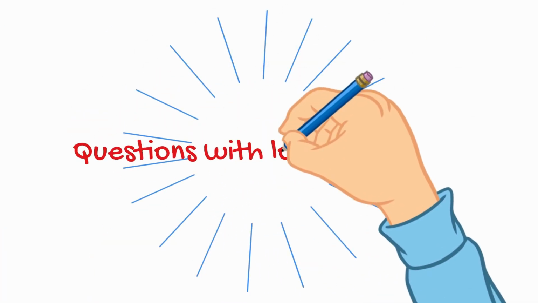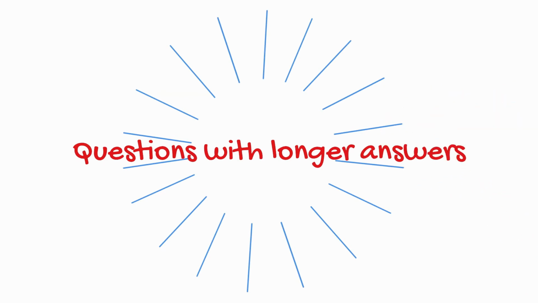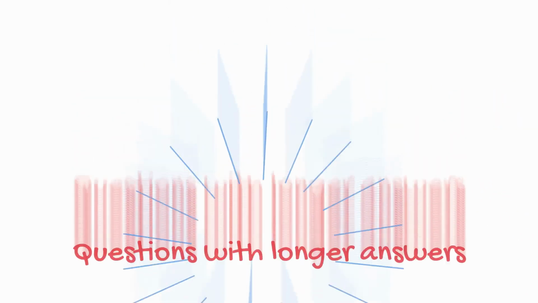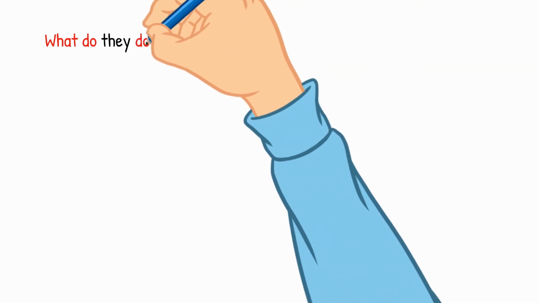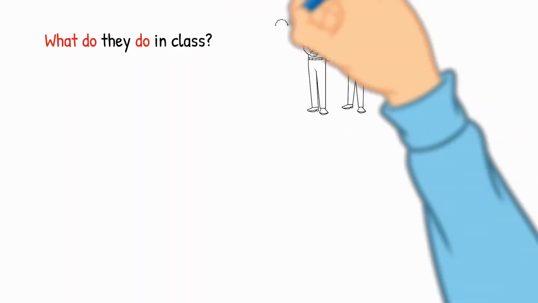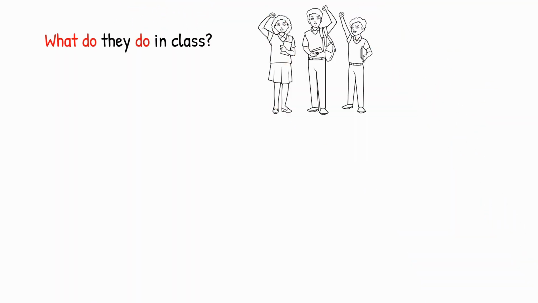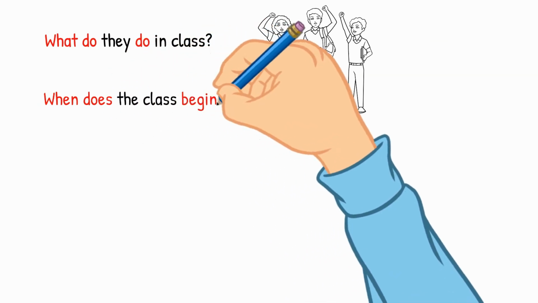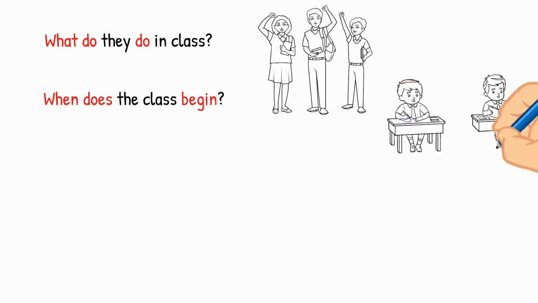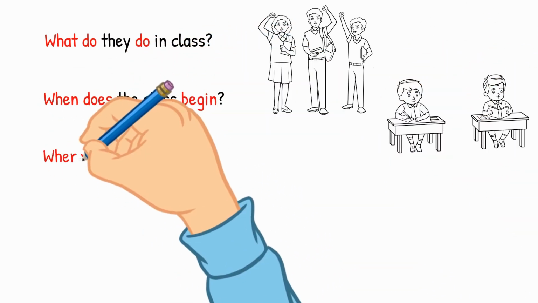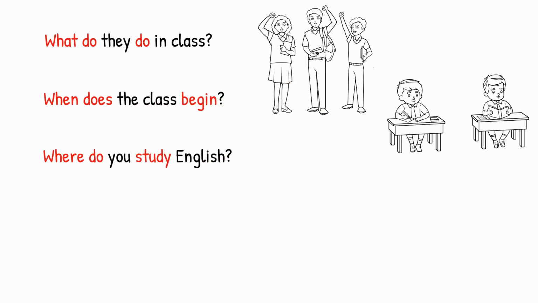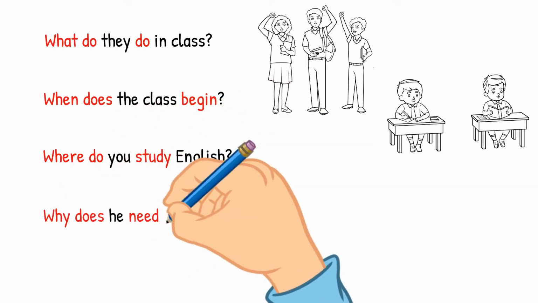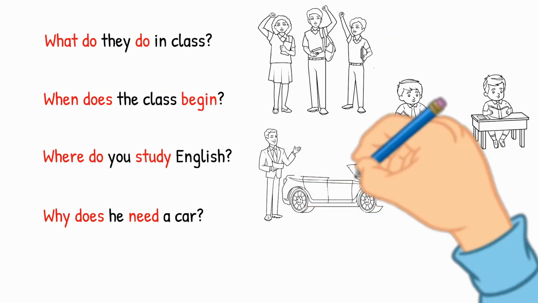Let's look at a few questions that need longer answers. What do they do in class? When does the class begin? Where do you study English? Why does he need a car?